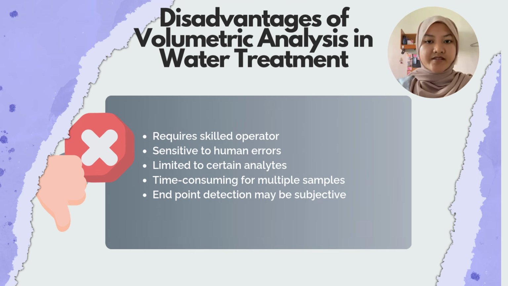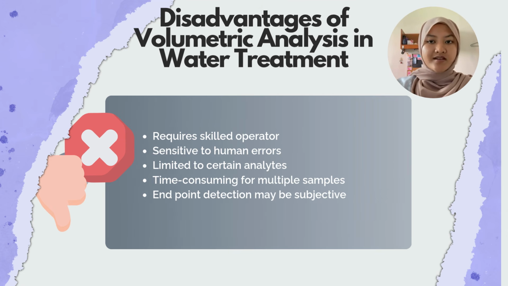Despite its advantages, volumetric analysis also has several limitations. The accuracy of the results depends greatly on the skill and experience of the operator, as mistakes in reading the burette or preparing the standard solution can lead to significant errors. The method is also sensitive to human error, particularly during endpoint determination, where slight color changes may be interpreted differently by different individuals.